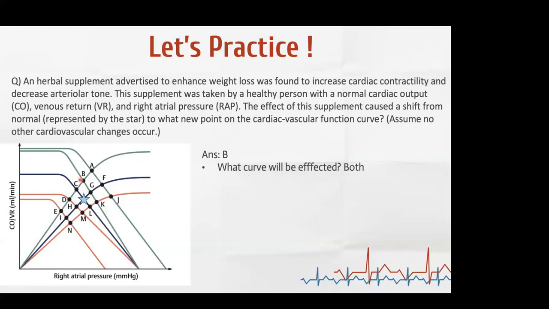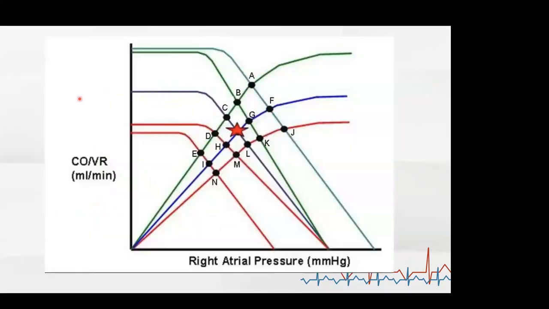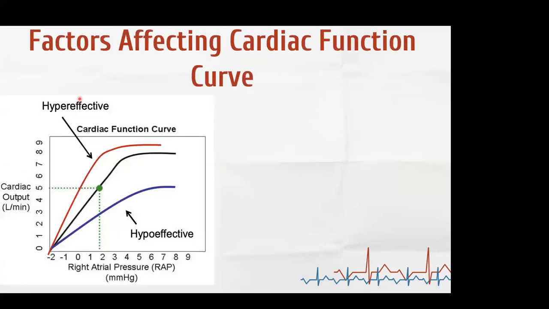So do you guys have any questions? Yes. Go ahead. Why isn't it D? We said we are dilating the vessel, which means we are decreasing the resistance. Yes. We're dilating which vessel? The arterioles. Yes. So we're decreasing the pressure in the arterioles, right?